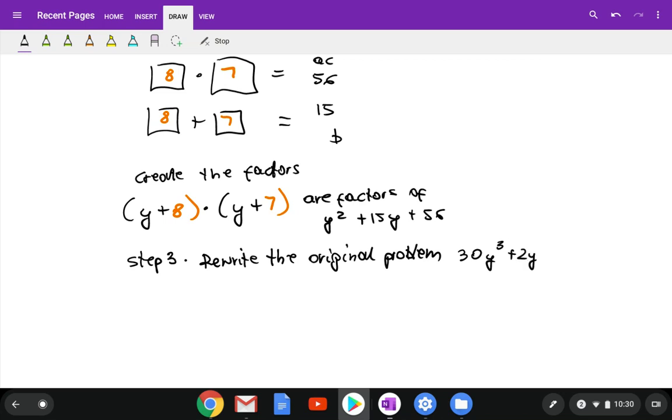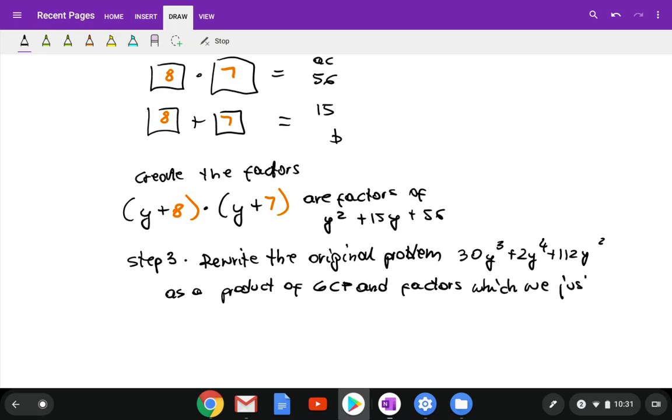Okay, so you have to rewrite that as a product of GCF and factors, which we just found.